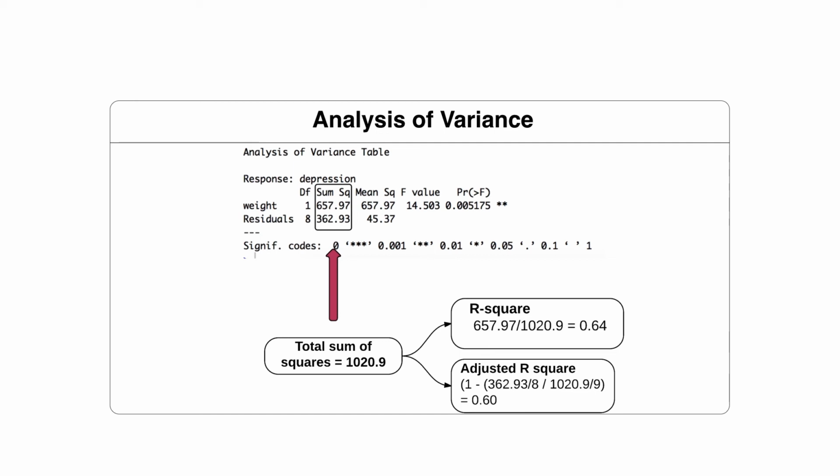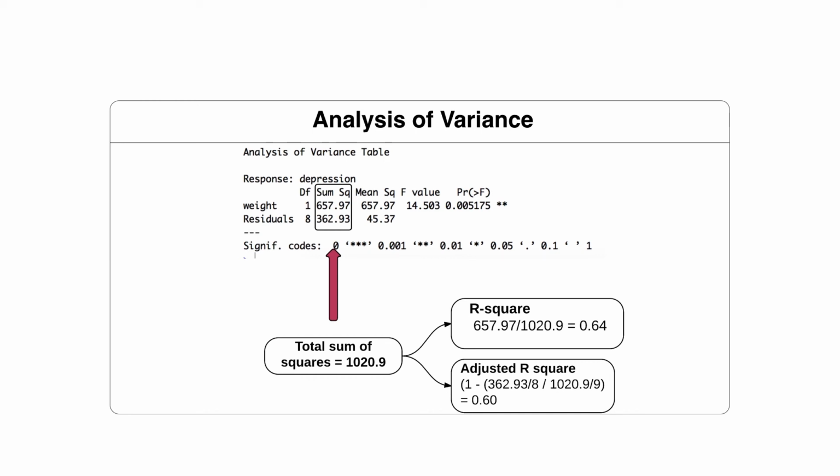In this particular case, it turns out about 64% of the variation in the outcome variable can be explained by the explanatory variable, but an adjusted R-square, which is a more accurate R-square because it takes into account the degrees of freedom, shows that about 60% of the outcome variable, which is the depression on the ground, is explained by the explanatory variable, which is the weight of the roller.